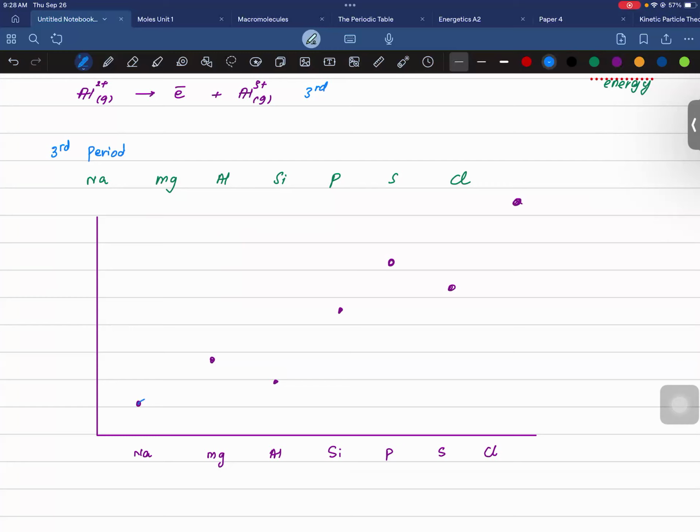As you can see, the overall ionization energy is going to increase, but with a few exceptional cases.